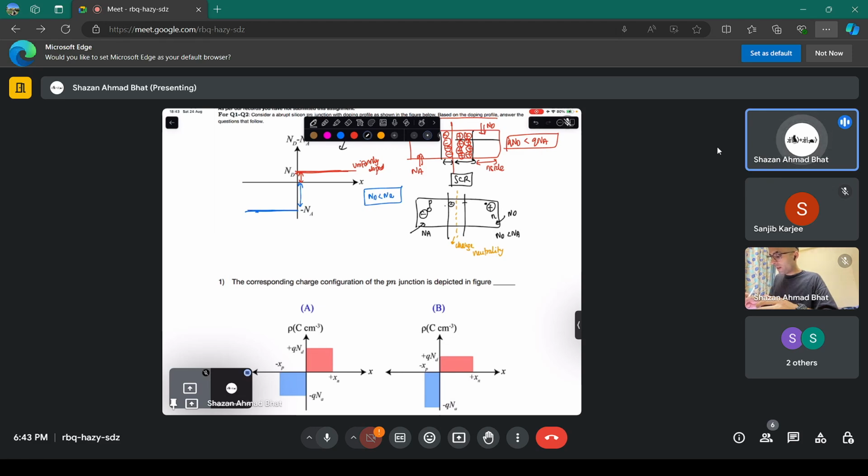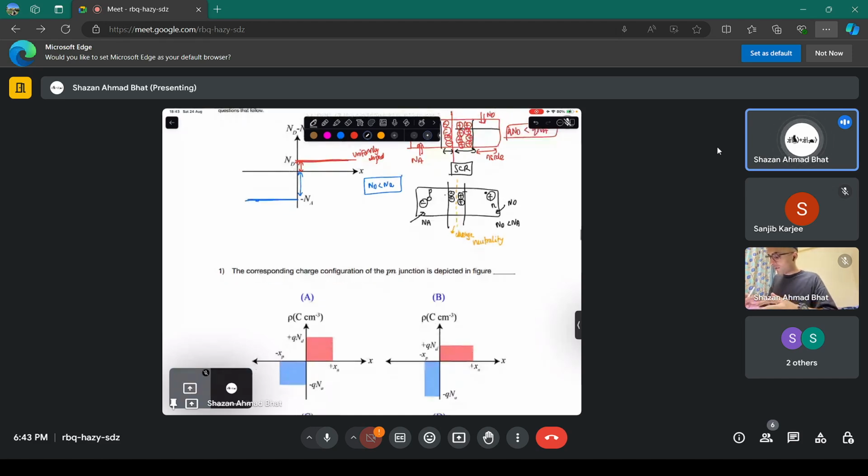Let's say you have two ions here and two ions there, or let's say you have three ions. What is going to happen is that this particular area is very lightly doped compared to the other case.